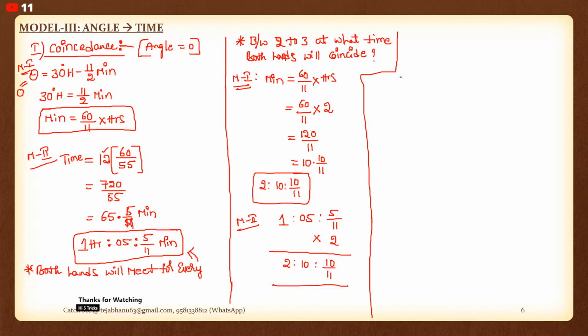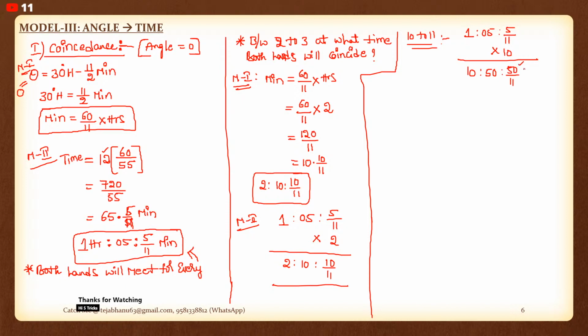Now, have a look. Between 10 to 11, at what time both hands will coincide? For every 1 hour 5 5 by 11 minutes, both hands will coincide, into 10. That is 10, 50, 50 by 11.